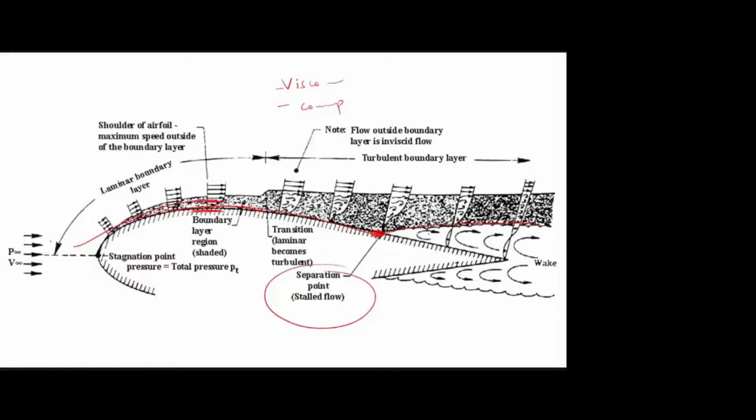Due to the viscous effect, it is due to the friction between wall and the flow, the kinetic energy of the flow is decreasing along this chord line. At some point the flow will lose its complete momentum, so from that point onwards it will separate. So this is called separation point. Because of the separation we are getting the large wake region.